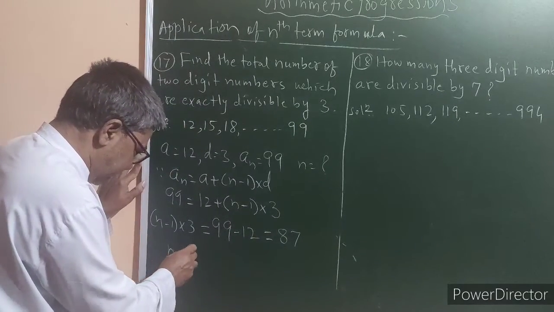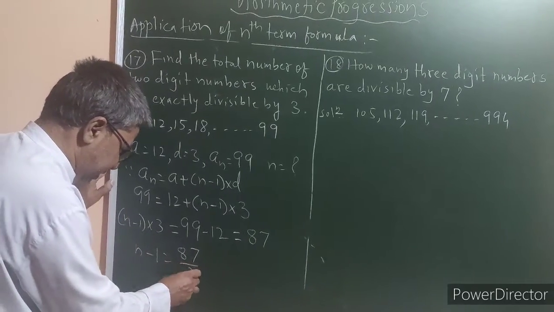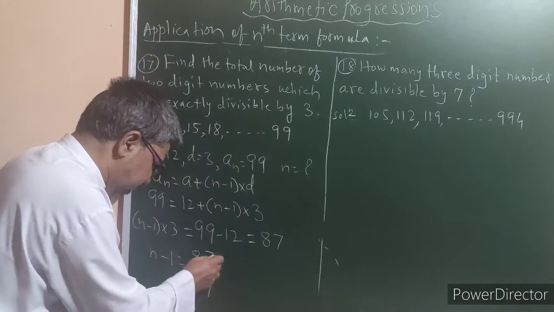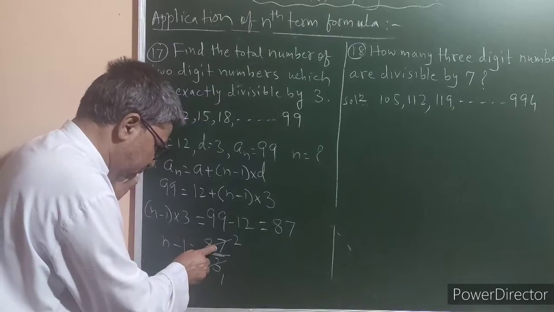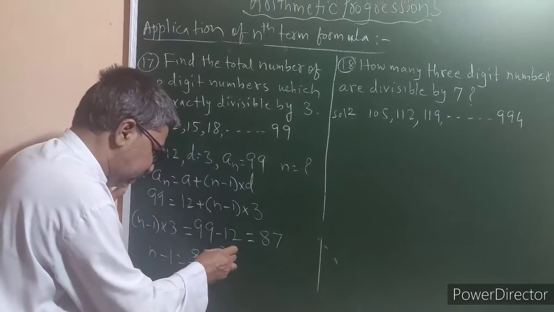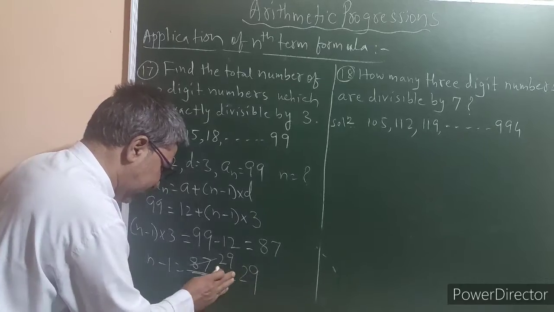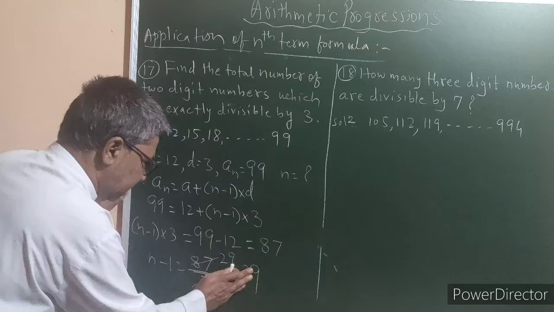Now n minus 1 is equal to 87 divided by 3. Let us divide 87 by 3. 3 ones are 3, 3 twos are 6, 27, 3 nines are 27. So the value is 29. n minus 1 is equal to 29.